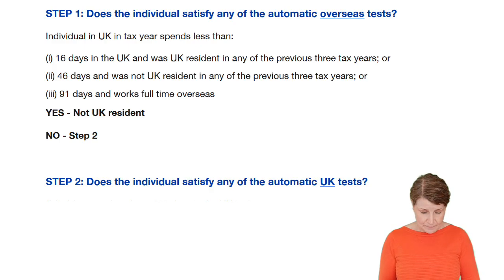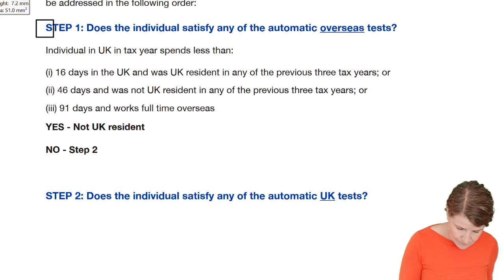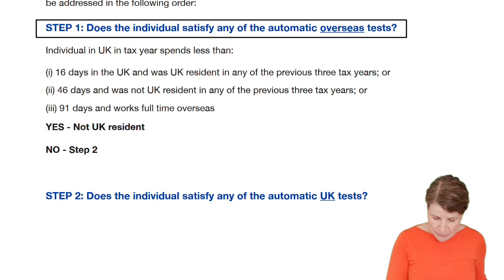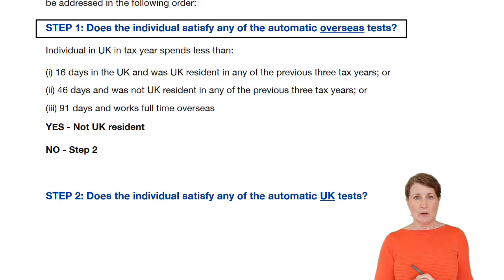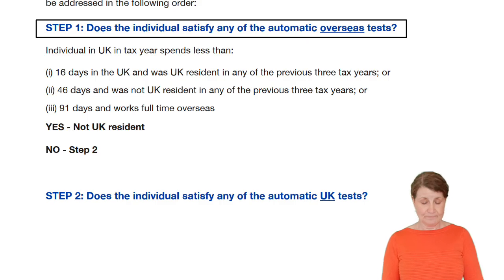So the first step you can see there, step 1, and we've got something called the automatic overseas tests. Now, if the person passes one of these tests, they are automatically overseas resident for that tax year, which means, of course, that they're not UK resident, which means that they don't have to pay UK income tax on their overseas income.